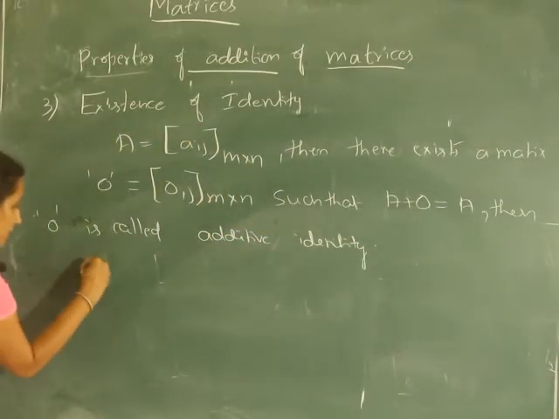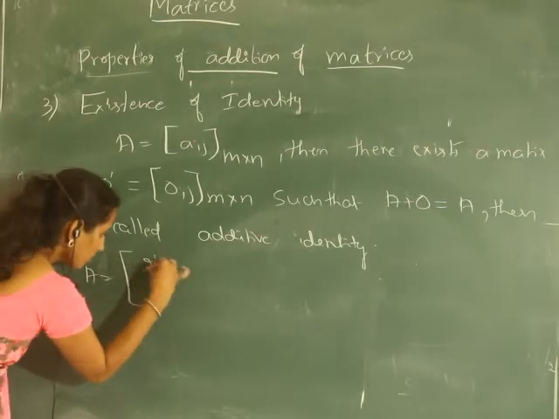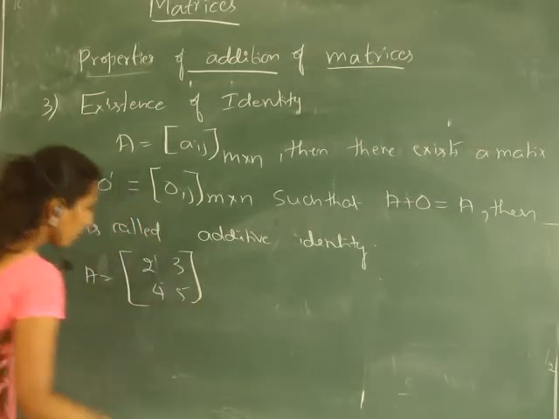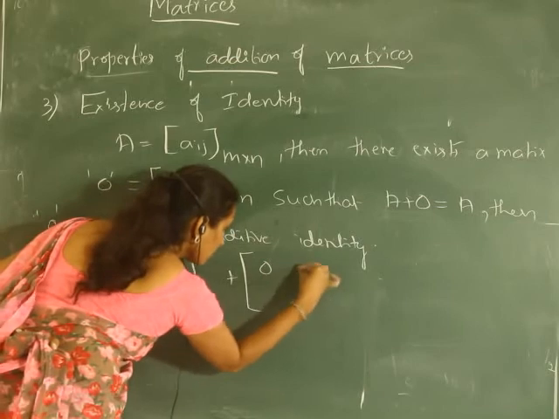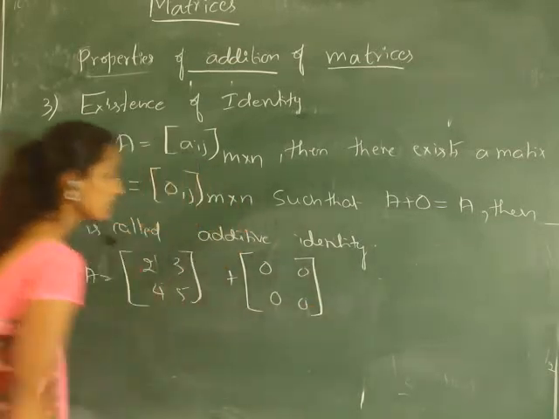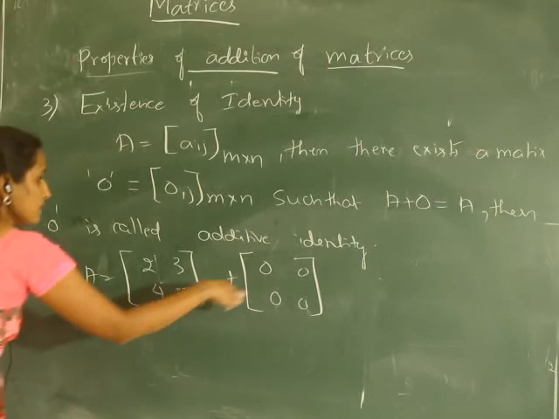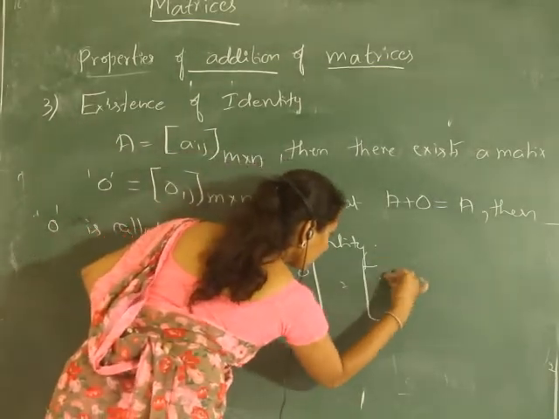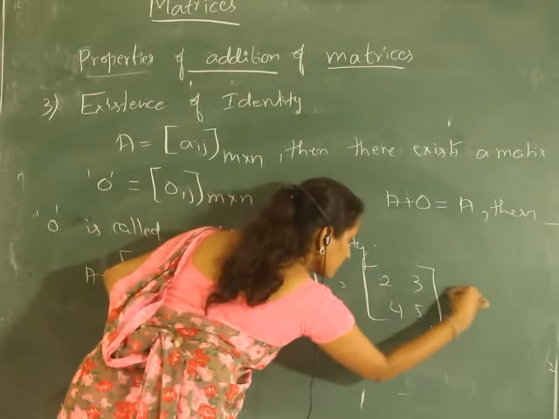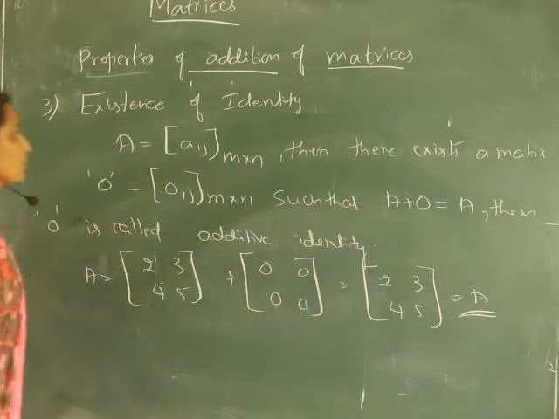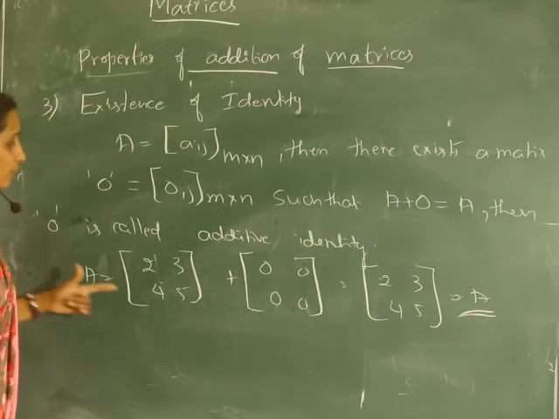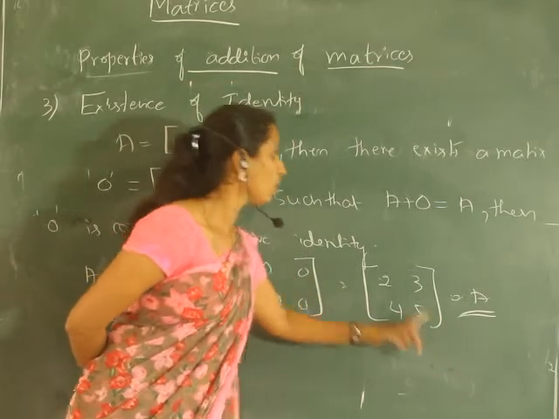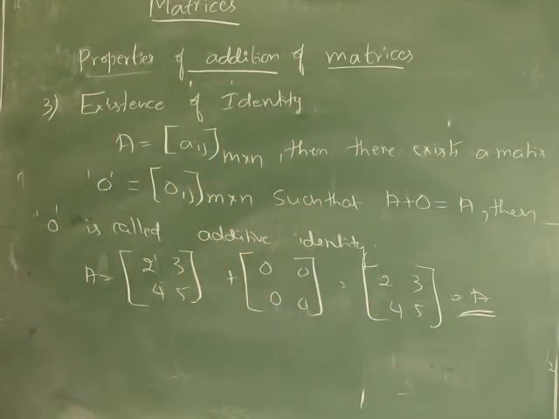So if there is a matrix A equal to 2, 3, 4, 5, and I add the 0 matrix of the same order, then the answer will again be equal to A. So for the given matrix, there exists a matrix O such that when we add that to the given matrix, we get the same matrix. So it is called the existence of identity or additive identity.